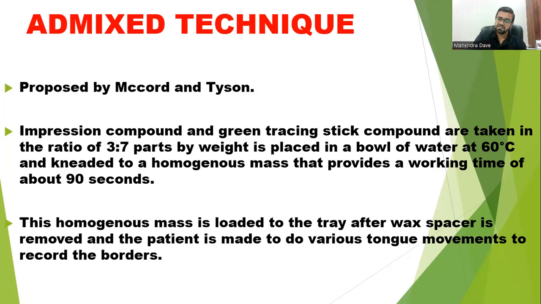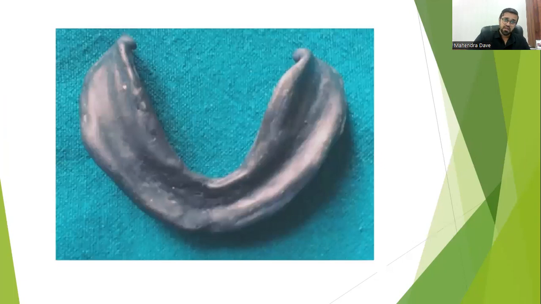This homogeneous mass is loaded to the tray after the wax spacer is removed, and the patient is asked to do various tongue movements to record the borders. This is the impression which we obtain after the procedure of impression by admix technique.